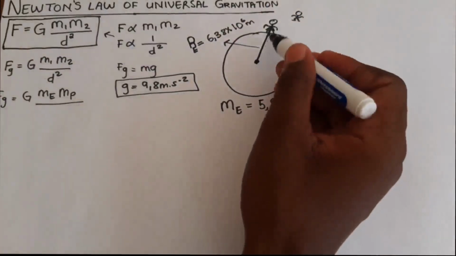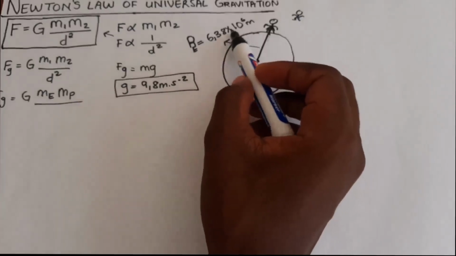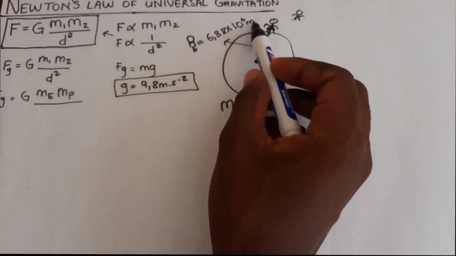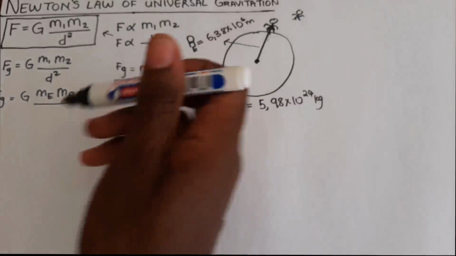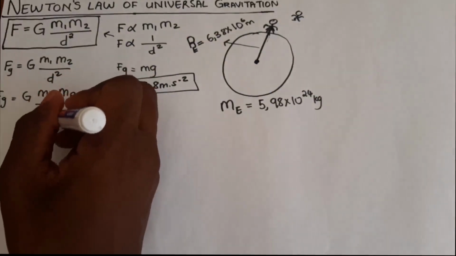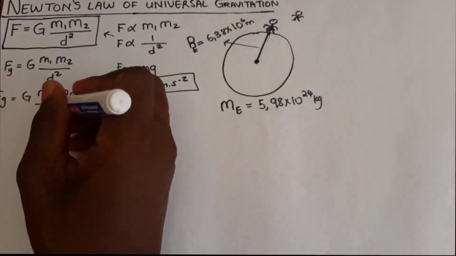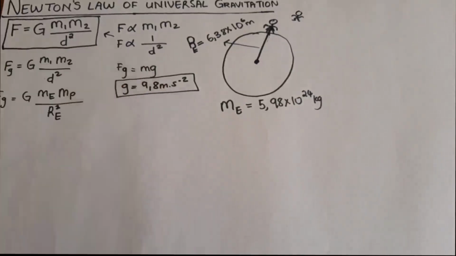What's the distance? The radius is 6,38 multiplied by 10 to the power of 6 meters, which is our RE, the radius of the earth, and that must be squared.